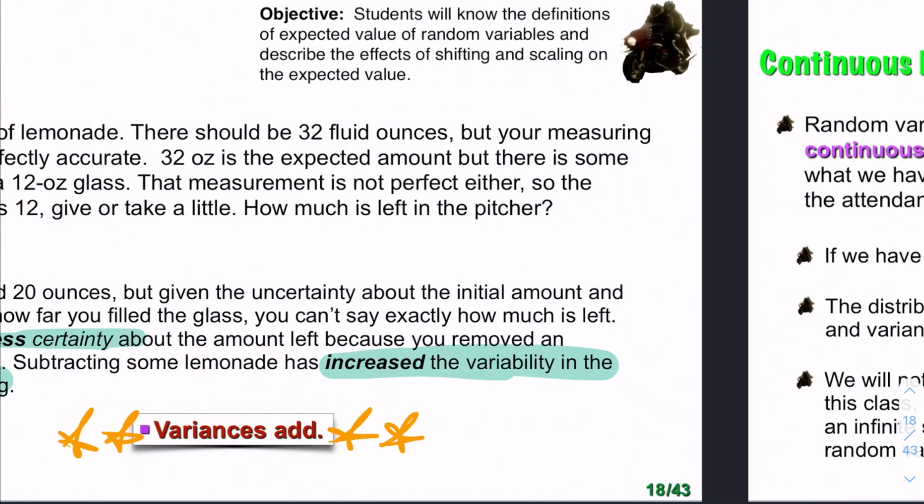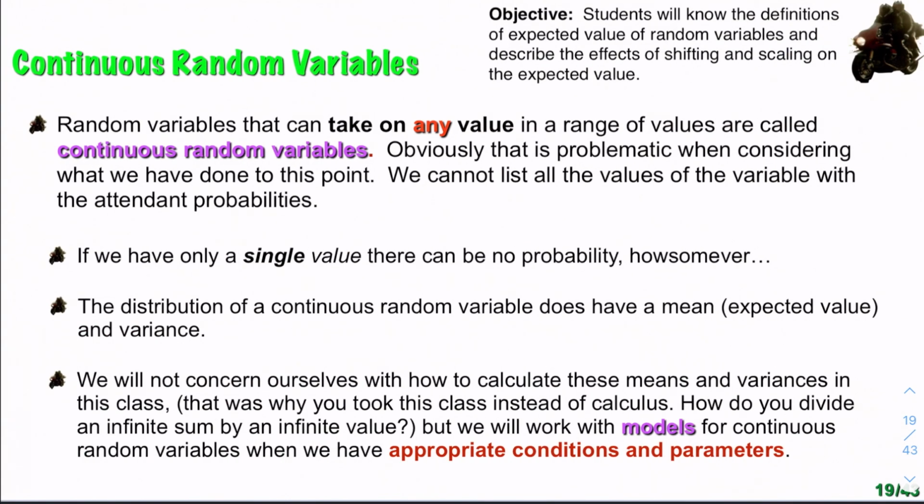Variances add. Now, with continuous random variables, random variables that can take on any value in a range are called continuous random variables. Obviously, that is problematic when considering what we have done to this point. We cannot list out all of the values of the variable with the attendant probabilities. Our tables don't match, especially for the card game. If we have only a single value, there can be no probability.